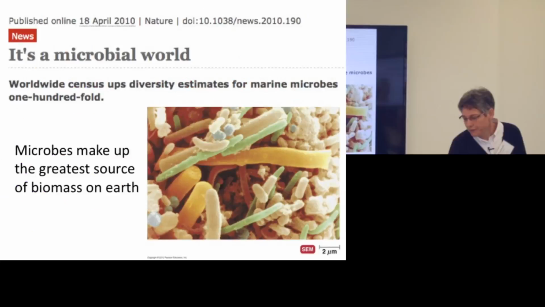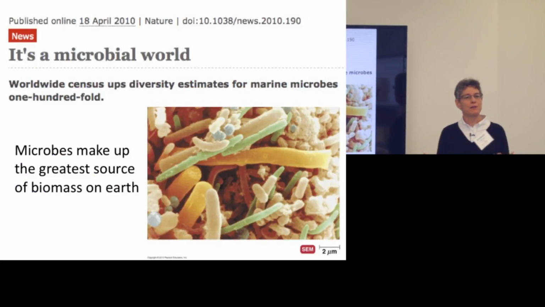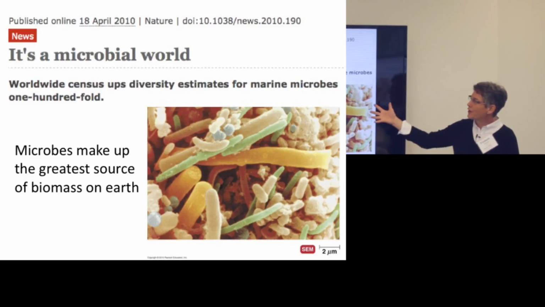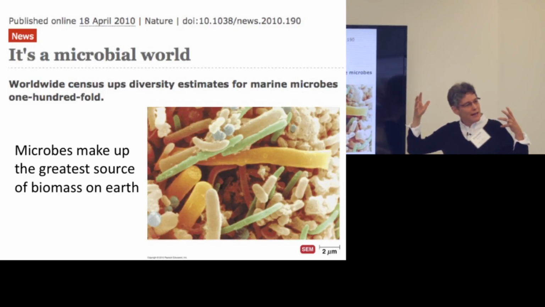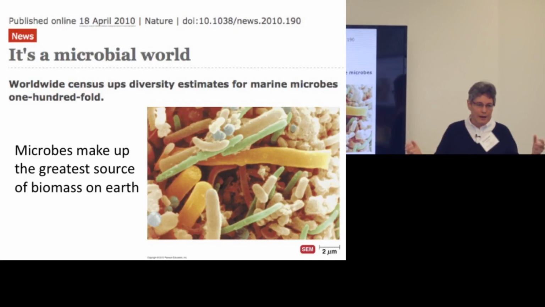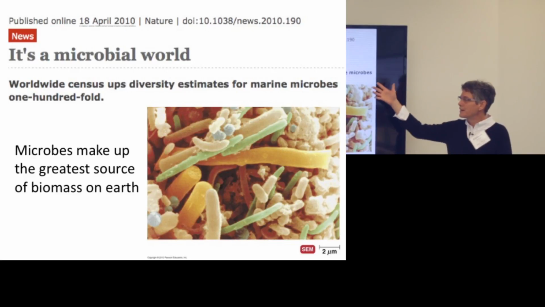And so there's been a lot of press about this microbial diversity and all the different ecosystem functions that the microbes play in cycling every single element on the planet. Okay? And so when you go down deep in the ocean, you find all kinds of new microbes. And in any environment you look into, you find new microbes. And so there's been papers that say that the number of organisms we estimated 10 years ago is wrong.